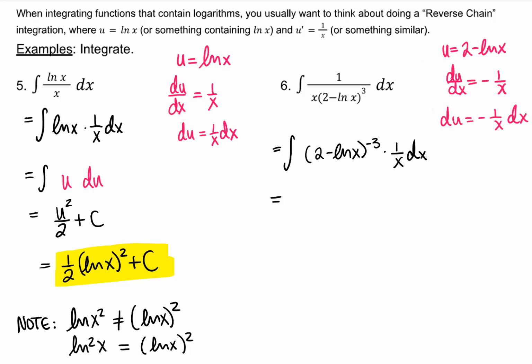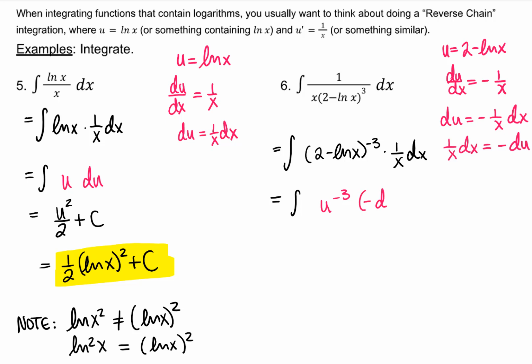Again, you do not actually have to substitute in any u's here. This is not technically u substitution, but to better visualize, I will replace all our x's with u's. That makes this u to the -3. du is equal to -1 over x dx, so I could just as easily say that 1 over x dx positive is equal to negative du by dividing -1 on both sides.